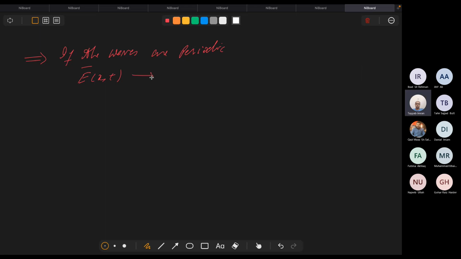So we can write in this form. Okay, we already have an idea about this form.